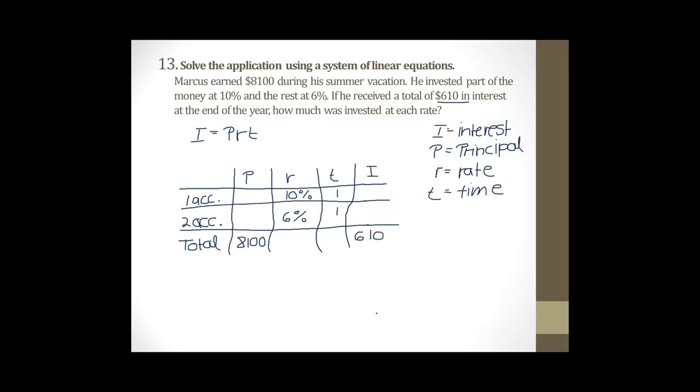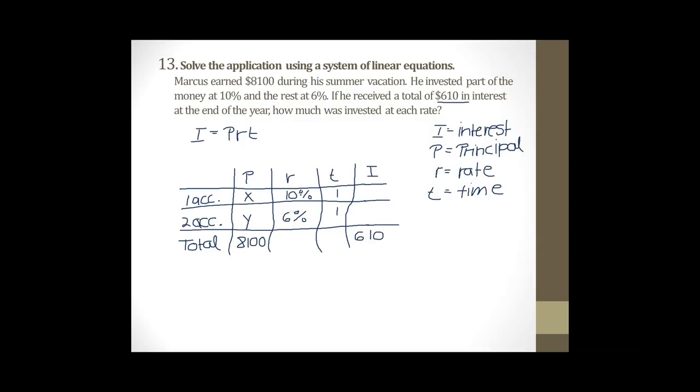So I filled in all the information that I've been given, and now I'm going to have to choose my variables. For my first account, I'm going to choose x, and for my second account, I'm going to choose y. Now going to the right, remember I equals PRT, so I'm just going to multiply these three items together.